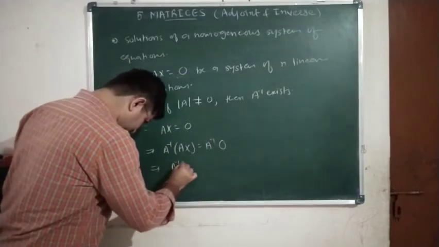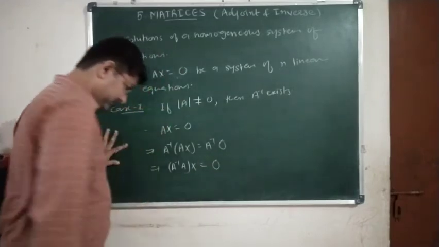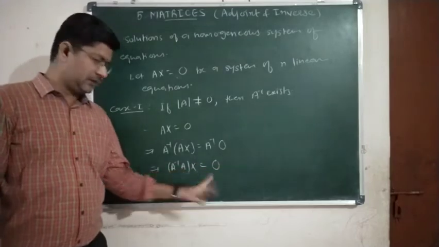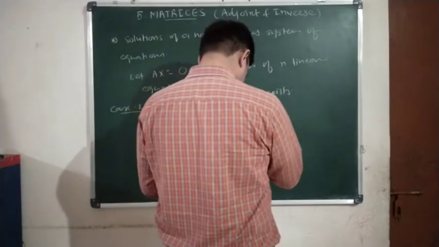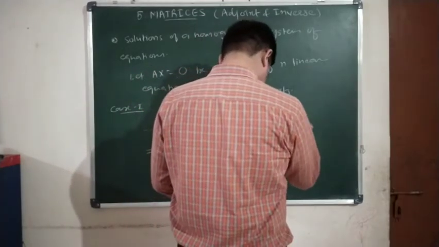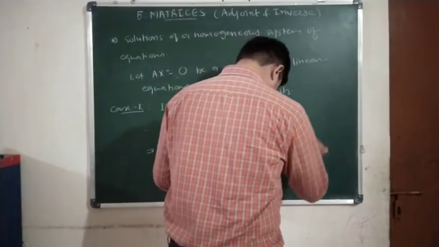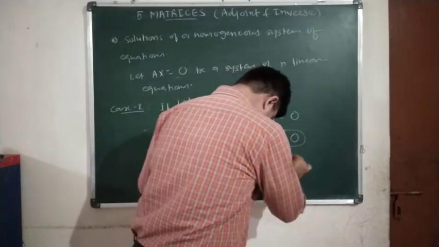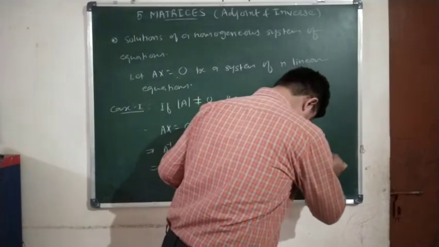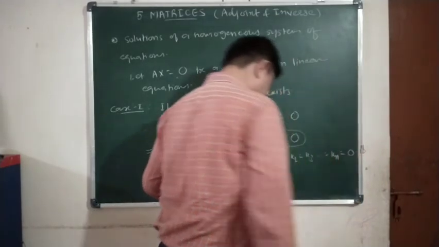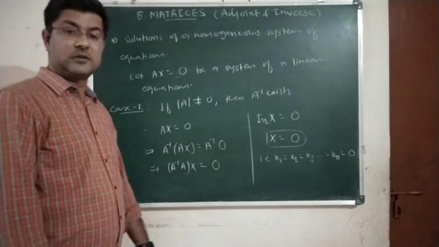Using the associative property, and any matrix multiplied by a null matrix will give you a null matrix only, over here A inverse into A is I. Now I into x is x, so x is equal to a null matrix, that is, x1 = x2 = x3 = xn = 0 we will get. Clear?